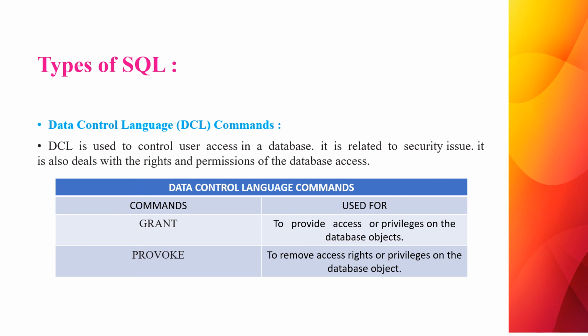Grant command is used to provide the access or privileges on the database objects, and revoke command is used to remove these access, rights or privileges on the database objects. So grant grants the access, and revoke removes the access. That means access is denied for a particular user. So these are the three different types of SQL. One is DDL, second one is DML, and third one is DCL.